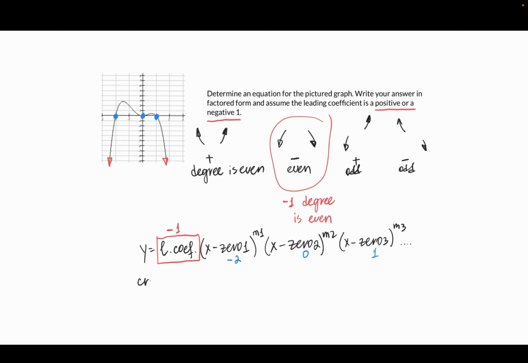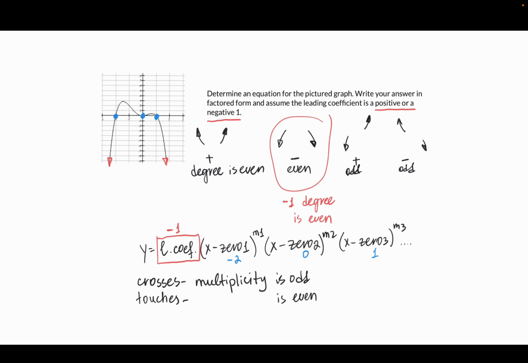So if it crosses, multiplicity is odd. If it touches, sometimes you may see the terminology turns. If it turns, then the multiplicity is even.